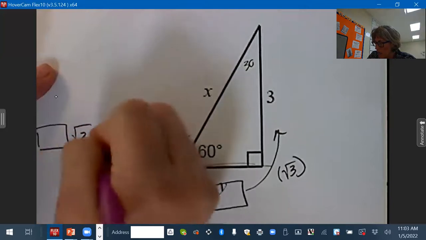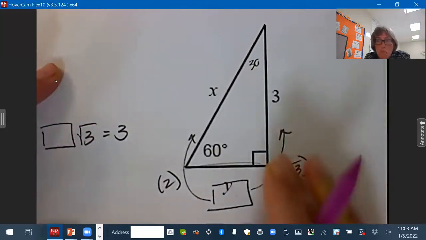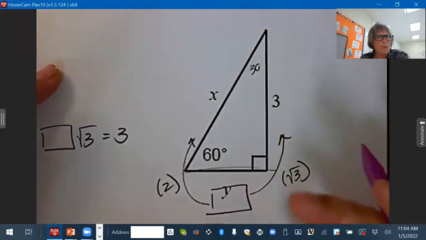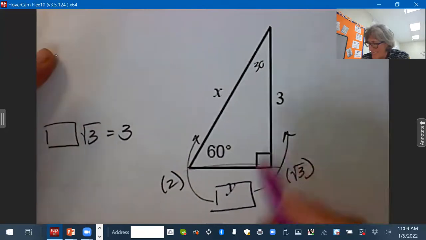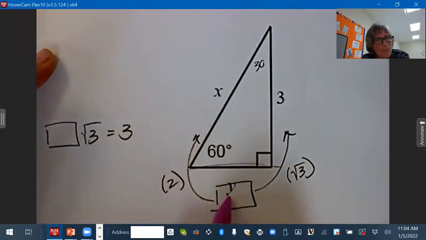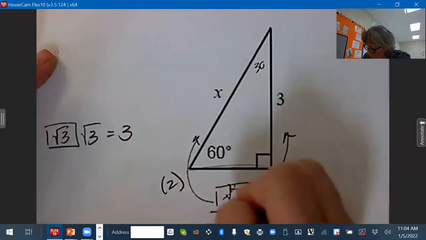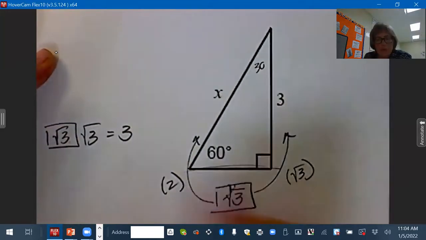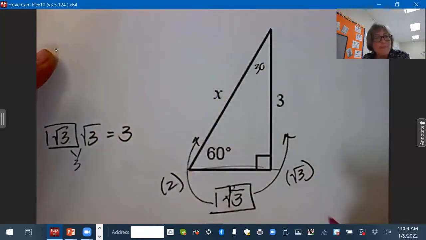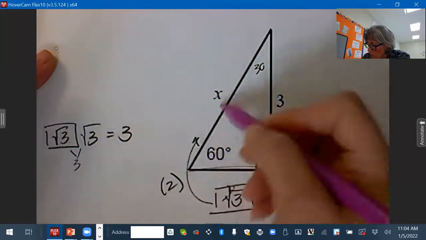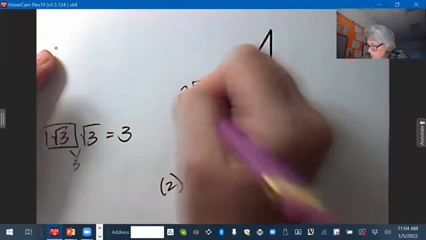Something times root 3 is 3. What is that something? It's root 3, folks. So the answer for y is root 3, because root 3 times root 3 is 3. Ta-da, you're done. And then you simply times by 2. Guess what this is? 2 root 3.